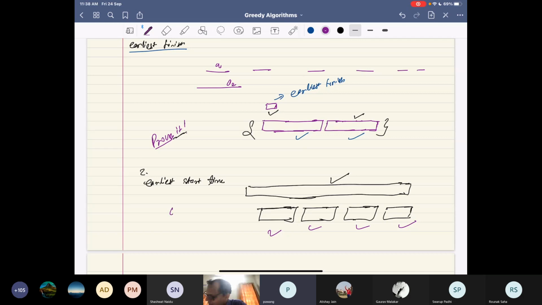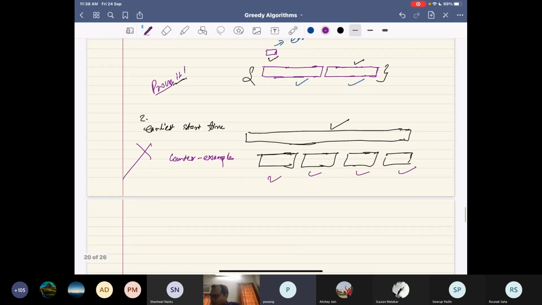So yes, very good counter example. So 2 is out of the picture. Okay, that was quick. What was third? The activity that takes the shortest time. So I am here only for 5 minutes. Give me the room for 5 minutes only. Right? So third, shortest time.